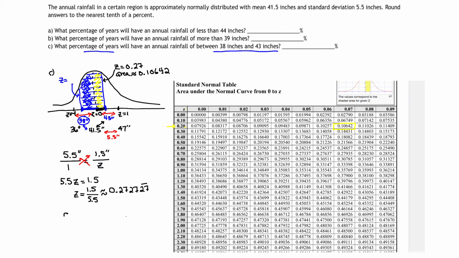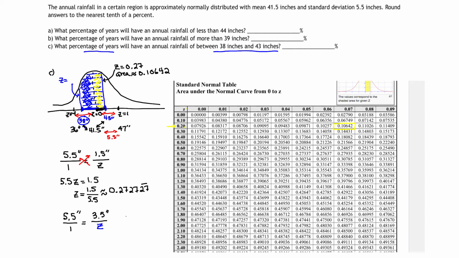So 5.5 inches, the standard deviation, is to a z of 1 as the difference of 3.5 inches is to the blue z-score, z.